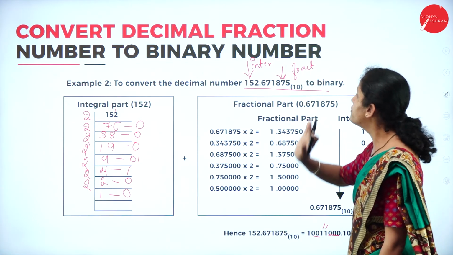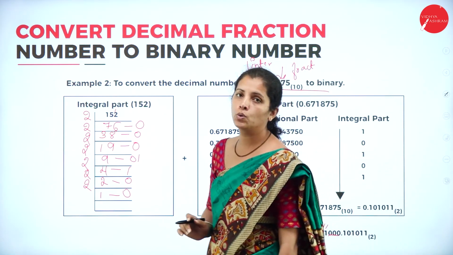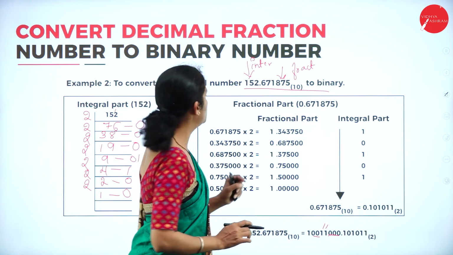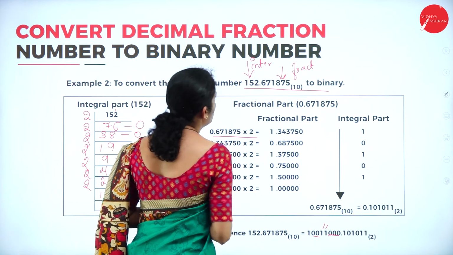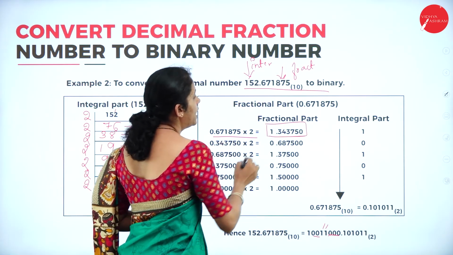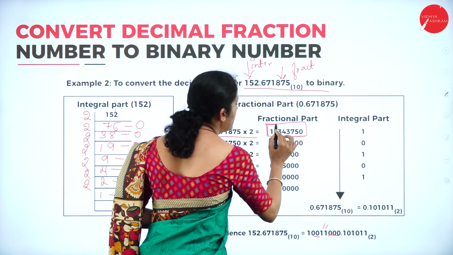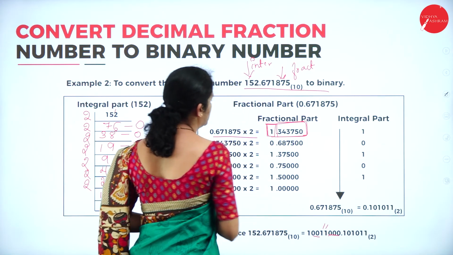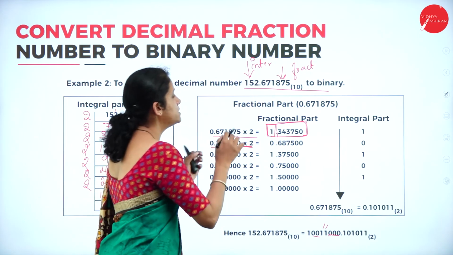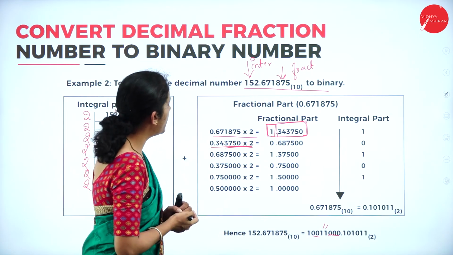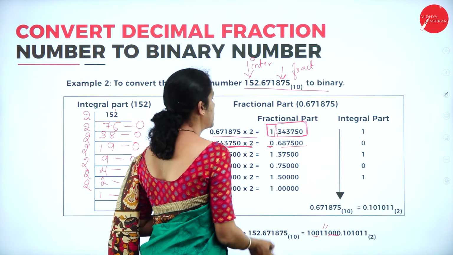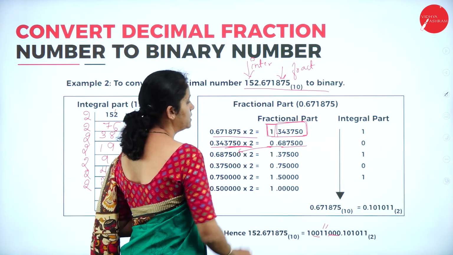And for my fractional part, I want to multiply this fractional part by 2. So I'm going to multiply and get this result, and this is my carry and this is my product. If I consider the next result, once again I'm going to multiply that number by 2 and get the carry 0, and this is my product. For the next step, I'm going to consider the product.